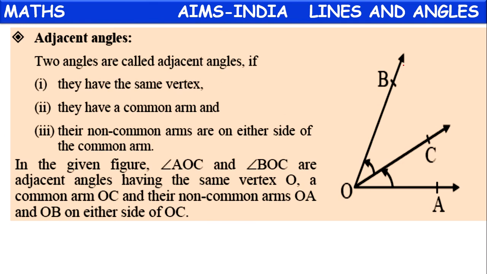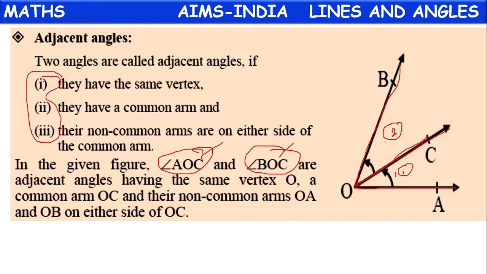So if you observe this diagram, children, AOC is the first angle. BOC is the second angle. We have two angles, AOC and BOC. We have to check whether these two angles have these 3 properties or not.